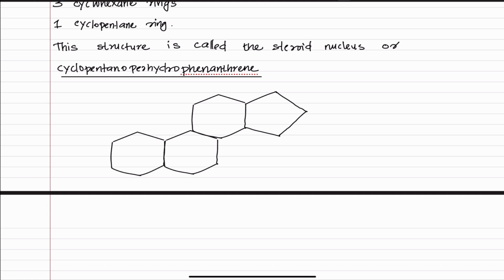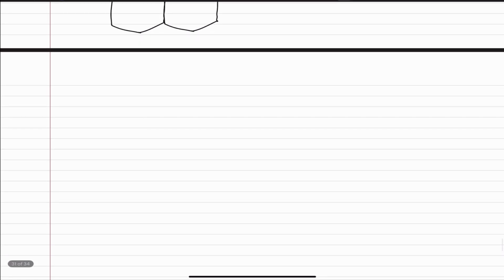We can classify steroids into 6 types. That includes sterols, which we have to study. Let me write that down. Division of sterols. First, sterols.